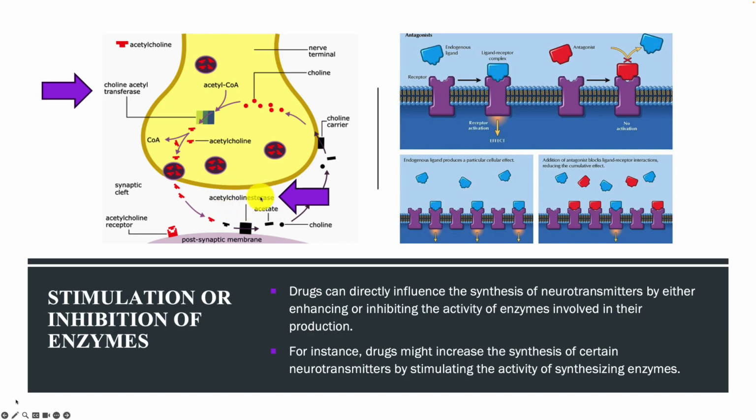This enzyme can also be inhibited, which means we would slow down the separation of acetate and choline, because this enzyme separates them and makes that neurotransmitter inactive. If we wanted to keep this neurotransmitter in the gap a little longer so that we can stimulate some of these receptors for a longer period of time, we could irreversibly inhibit this enzyme.